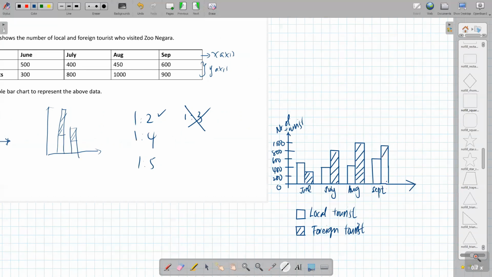Okay, and then this one we need to shade it. Okay, then this is the month.